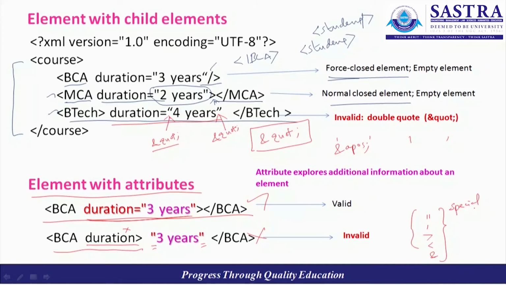These symbols will make a lot of conflicts in our XML document. So in this place we can use the special entities. In that way, this element has an invalid structure.